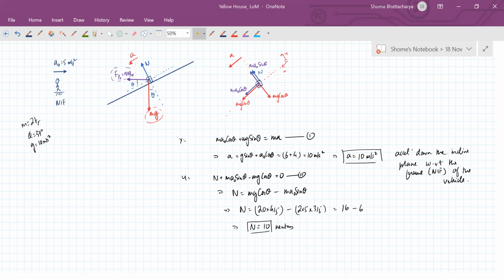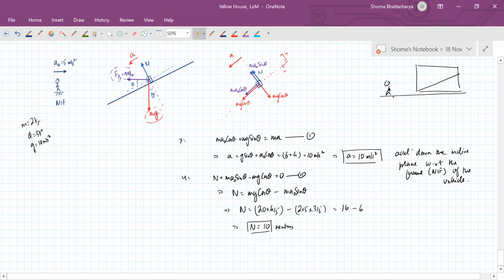Right. So as you can see in this question, it is not going to be possible for us to analyze the motion in the ground frame directly, because we don't know the direction of acceleration with respect to the ground frame. But in the non-inertial frame, we know the direction of acceleration. See, if you consider a ground frame observer, a person on the ground over here, what will he be seeing?